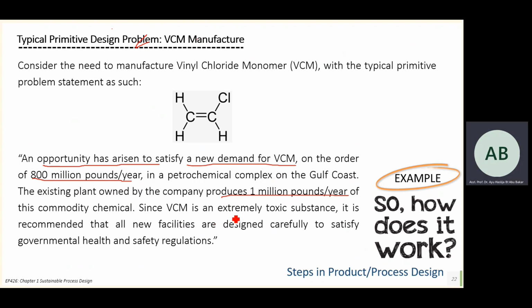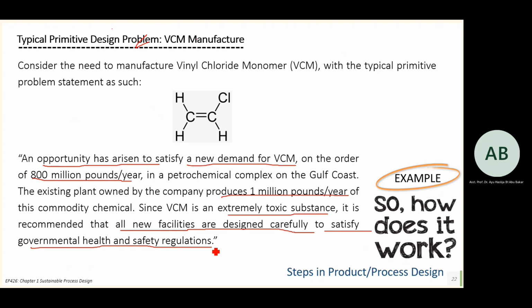Since VCM is an extremely toxic substance, it is recommended that all new facilities are designed carefully to satisfy governmental health and safety regulations. So the current plant is already operating, producing 1 million. They want to increase the production to 800 million.